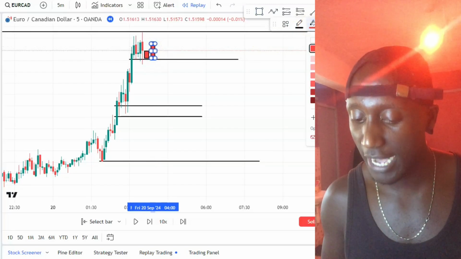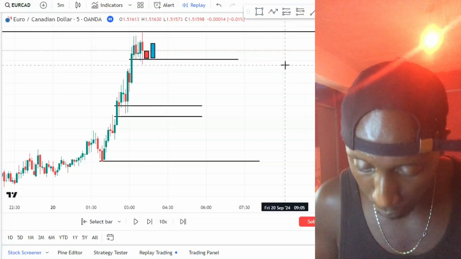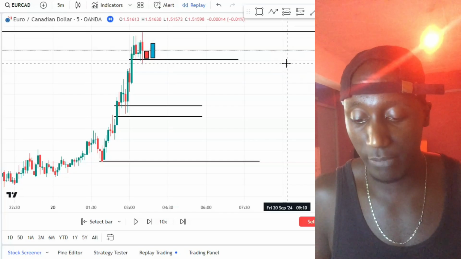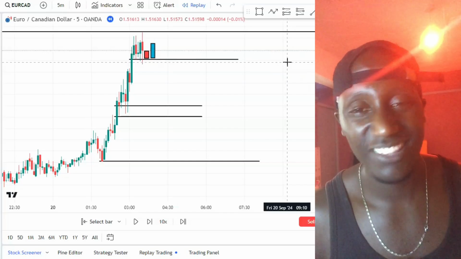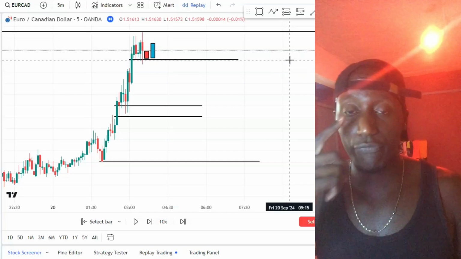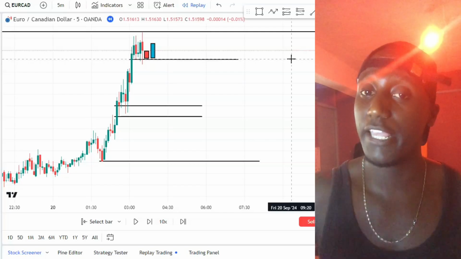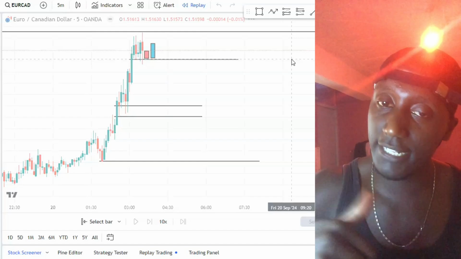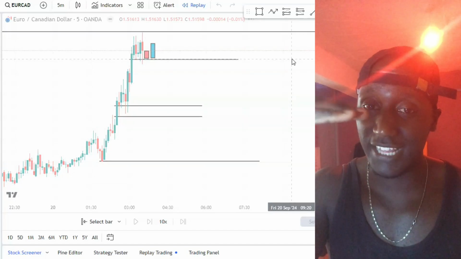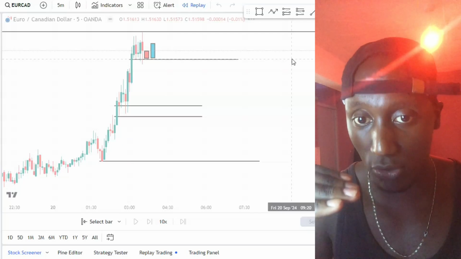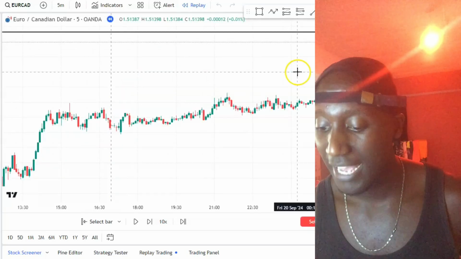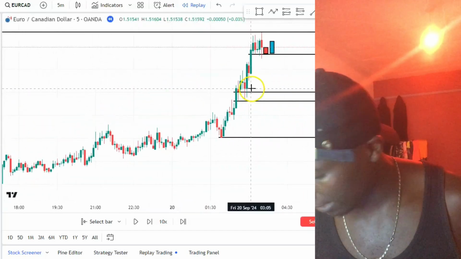Now, this bullish candle is very important because if you don't have that bullish candle, then you don't have the rejection. So if you are looking for the rejection of a horizontal line to the downside, we need to see that red candle or that bearish candle go to that line, then the next candle be bullish.